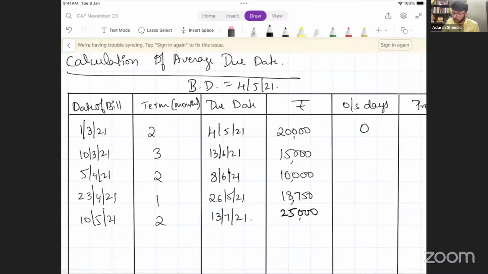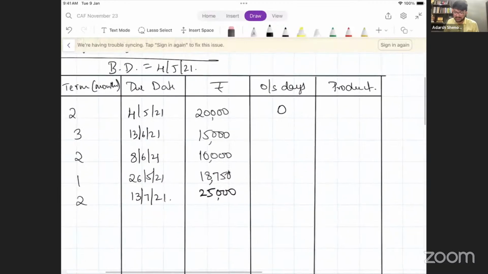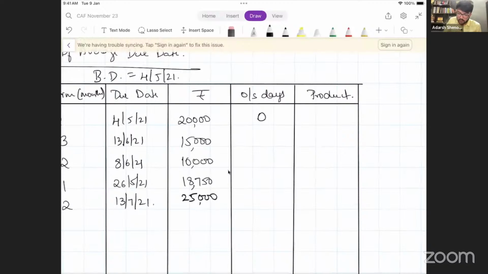So 4-5-21 to 4-5-21 is 0. 4-5-21 to 13-6-21. So you have to calculate from 4th of May up till 13th of June. How many days are there in between? You have to calculate the number of days in between those two dates.